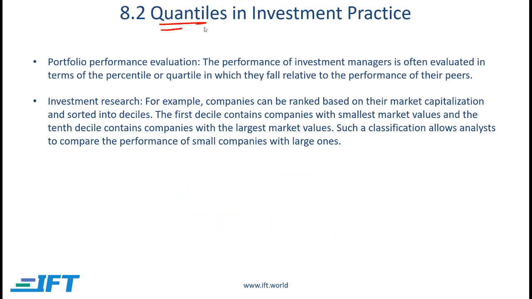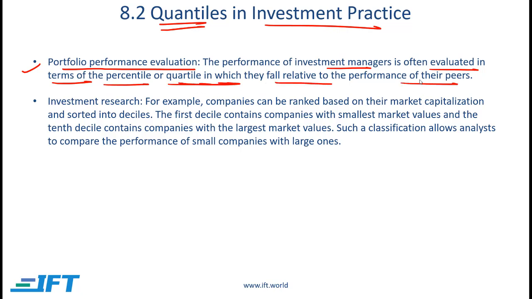Quantiles are used frequently in investment practice. There are several ways in which quantiles are used. A couple of ways are shown here. When we deal with portfolio performance evaluation, the performance of investment managers is often evaluated in terms of the percentile or quartile in which they fall relative to the performance of their peers.